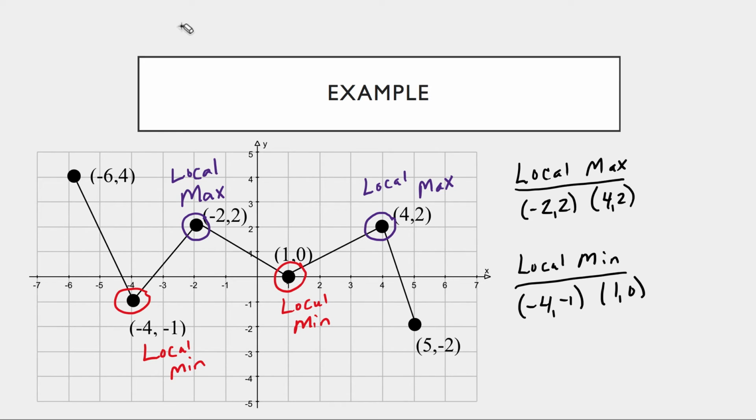All right, let's talk now about the absolute minimum and the absolute maximum. So by definition, the absolute maximum is going to be the highest point in the domain of the function.